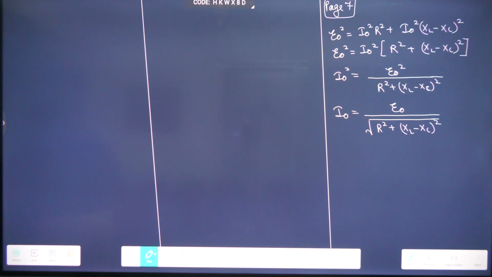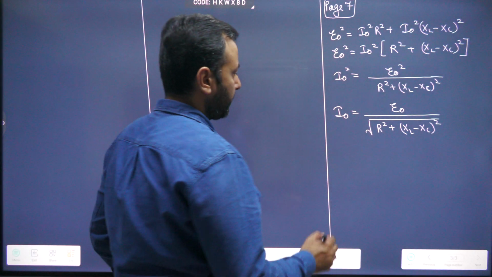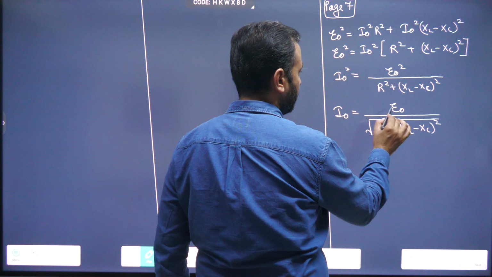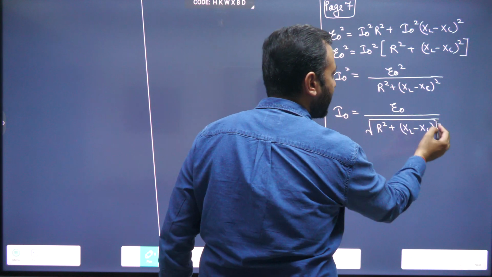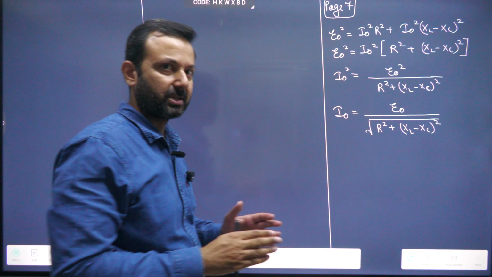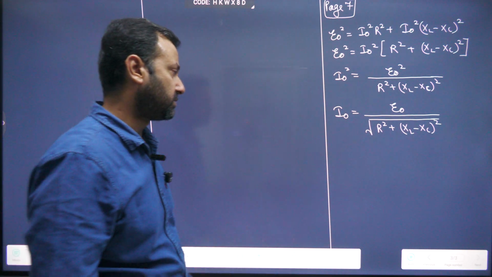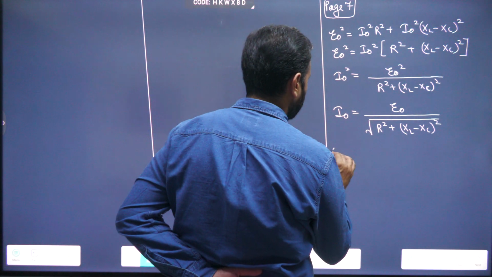So clearly, what is this? This is current. What is this? This is voltage. And this is actually behaving like resistance. So let's write it clearly.